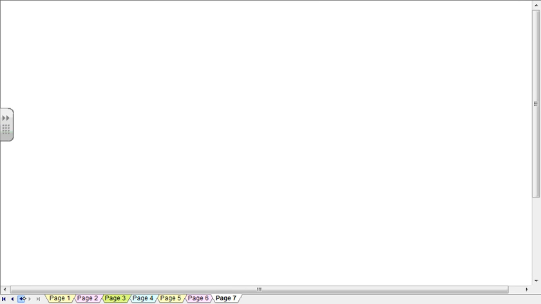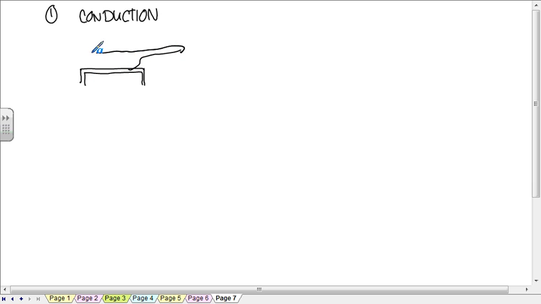Okay, so the first way is conduction. So here's the frying pan on the burner.